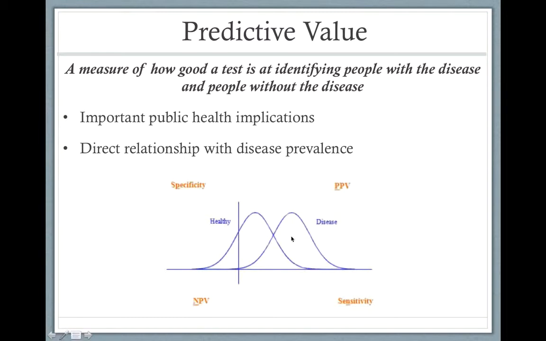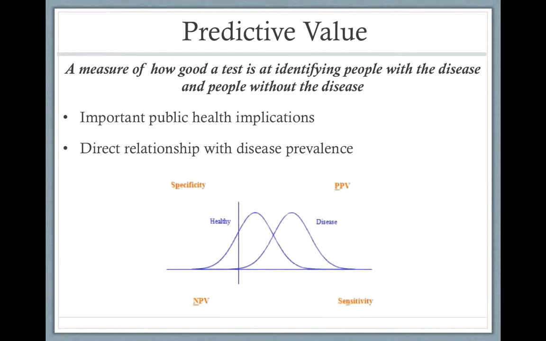Okay, so then it also has, as I said, a direct relationship to disease prevalence. And as the prevalence goes up, we talked a little bit about this before, the positive predictive value is going to go up as well. You can think about that kind of like in statistics, when you have a higher population, you have less variability, and you're going to have a better measure.